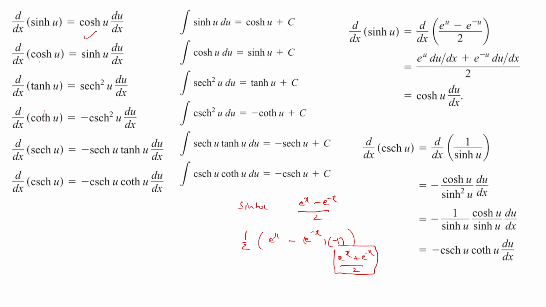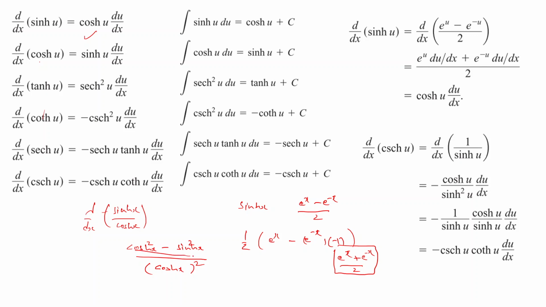Okay, fine. So please do the derivation of all of this and convince yourself. For example, for this one, tanh x, what you will do is d by dx of sinh x by cosh x. Then you will use the u by v formula: cosh x into d by dx of sinh x, which is again cosh x, so cosh square, minus sinh x into d by dx of cosh x, which is sinh, so sinh square, by cosh x whole square.